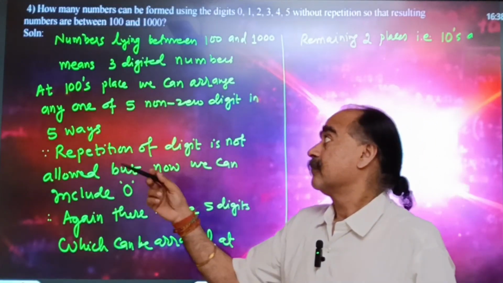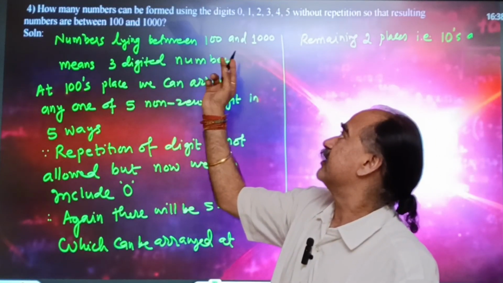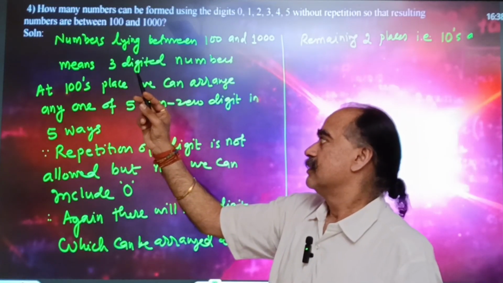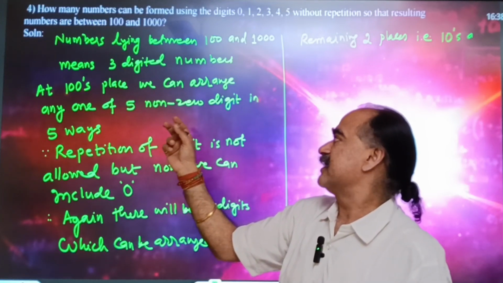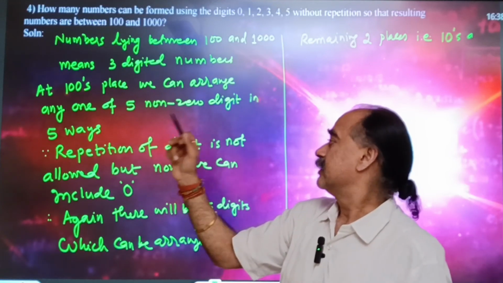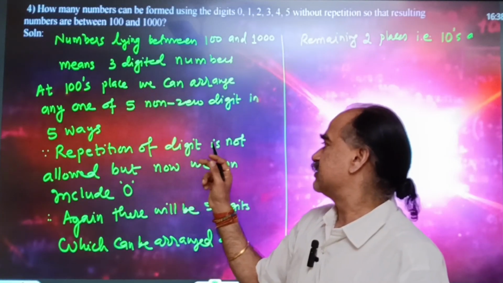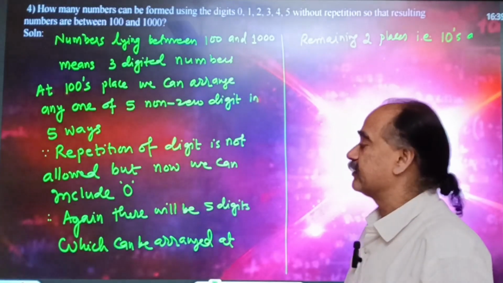So once again let me explain. Numbers lying between 100 and 1000 means 3-digit numbers. At the hundreds place we can arrange any one of the 5 non-zero digits in 5 ways. Repetition of digits is not allowed, but now we can include 0.